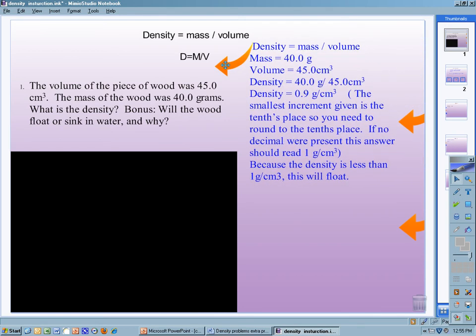This is basically everything that you need to know about this problem, including what the mass is, the volume is, the density. The actual answer is right here. The density is 0.9 grams per centimeters cubed. All right? Excellent.